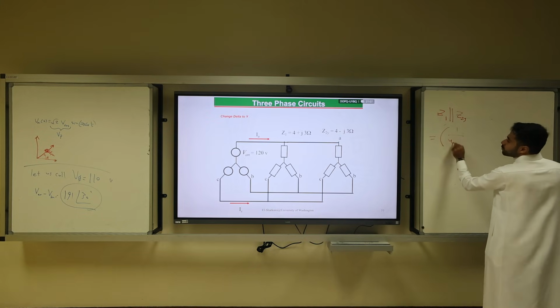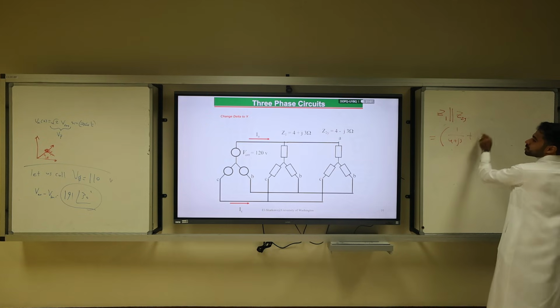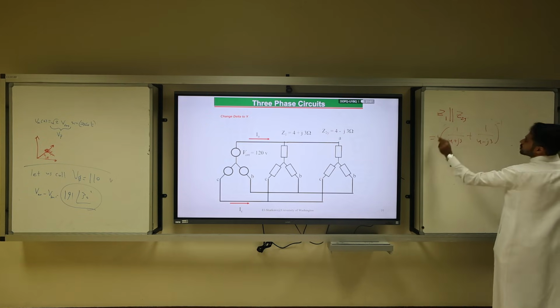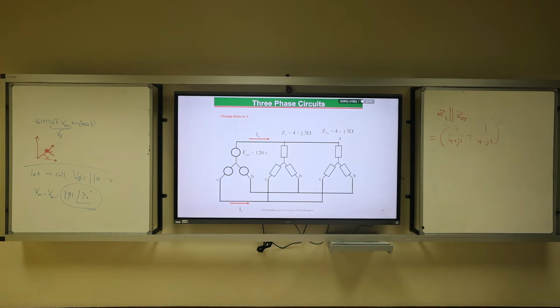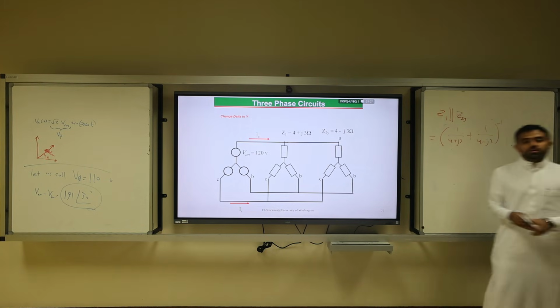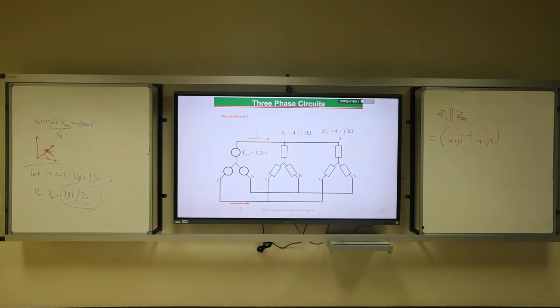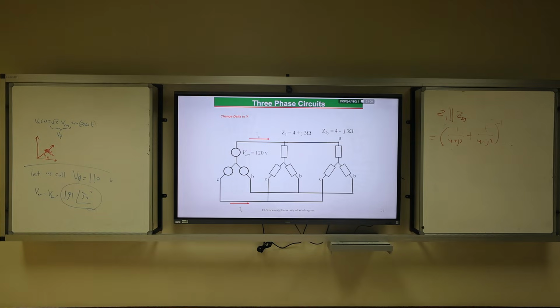It's 1 over 4 plus j3 plus 1 over 4 minus j3, and then I take the inverse. Correct? Do it by a calculator. I have to open parentheses. Inside this parenthesis, I put 1 over 4 plus 3 times j plus 1 over 4 minus 3 times j, and then I take the inverse.